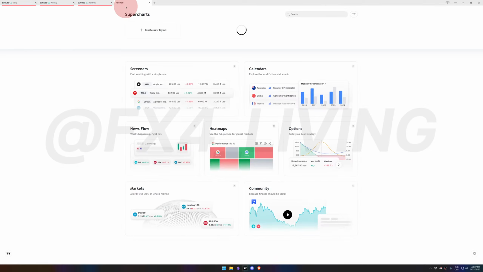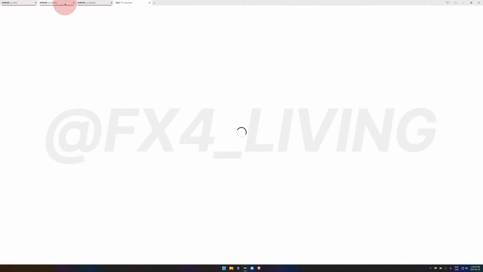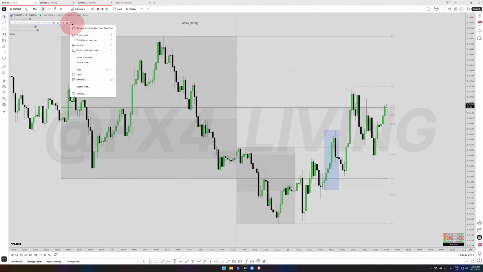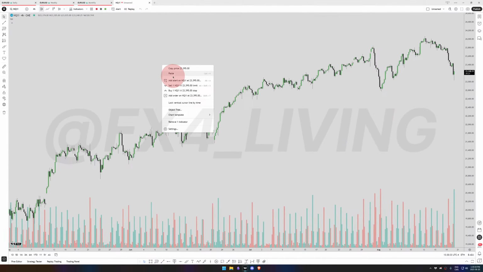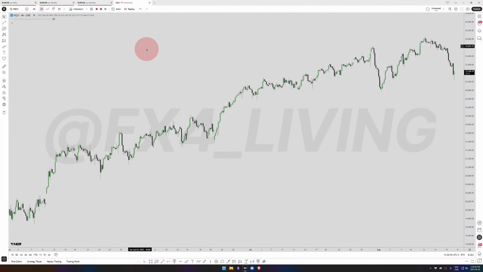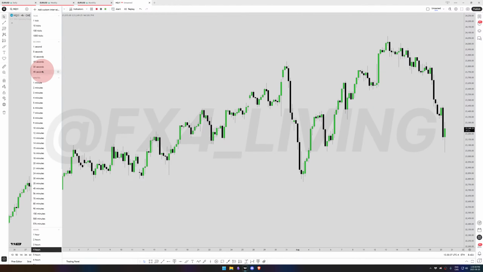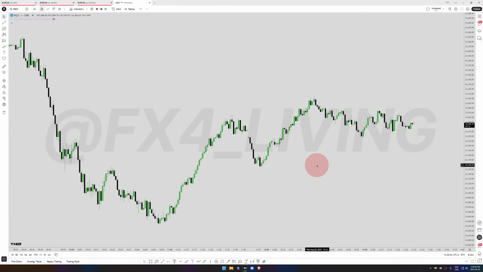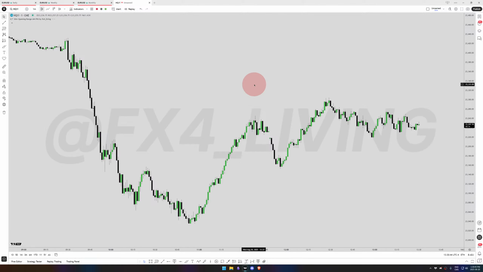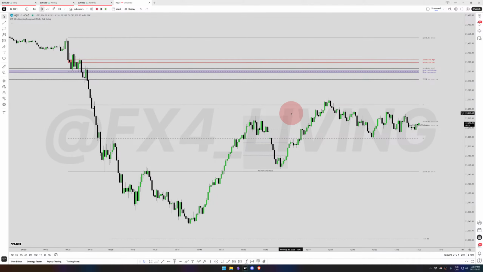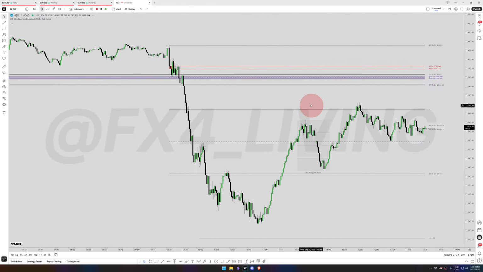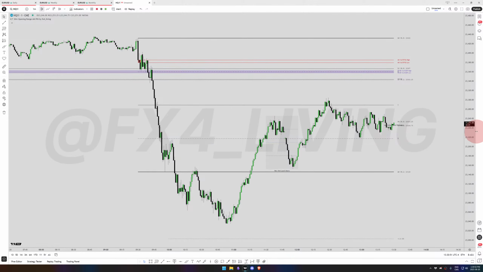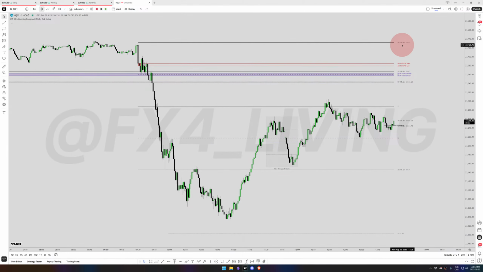I might have to just open a new layout for it. And I'm not going to use the volume. Let's turn that on. Damn, that's a large opening range on the AM session here. Look at this. Very, very large.